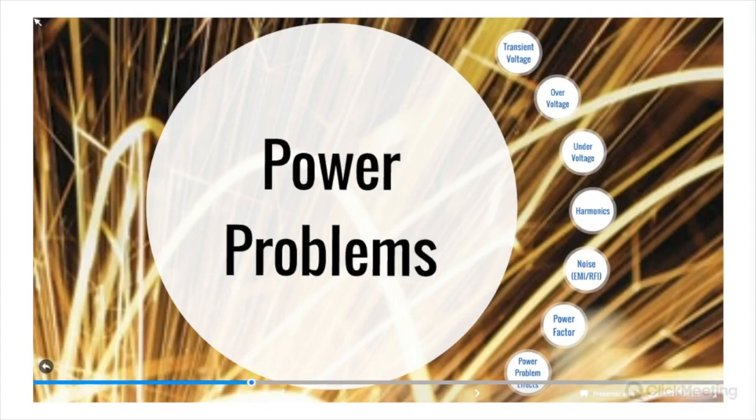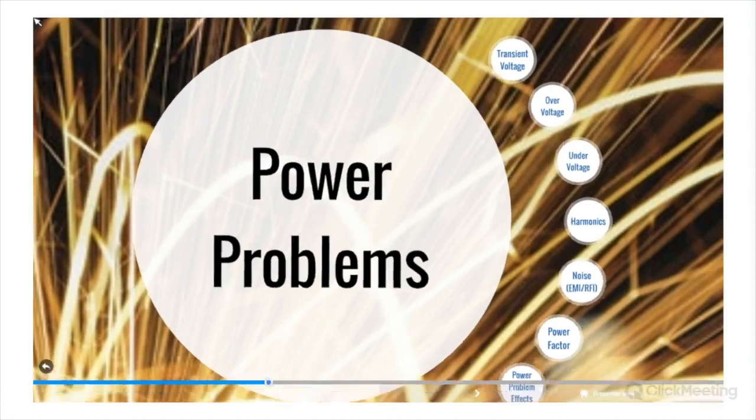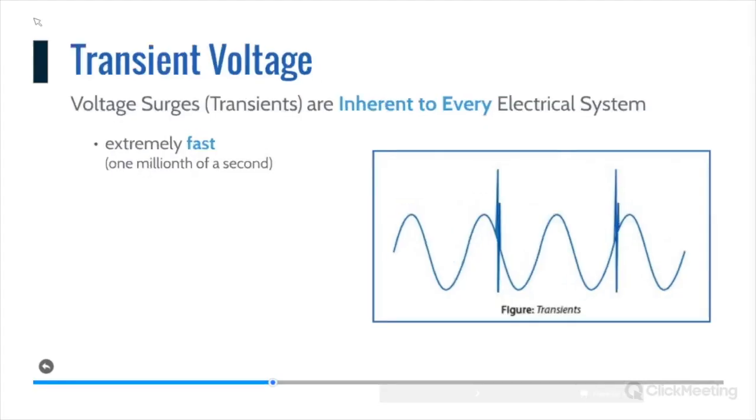But one thing that we never even talked about in the utility business was transient voltages. So we're going to start out with just a touch about transient voltage, and we'll get deeper into that later on. But transient voltages or surges are inherent to every electrical system, and they're extremely fast.